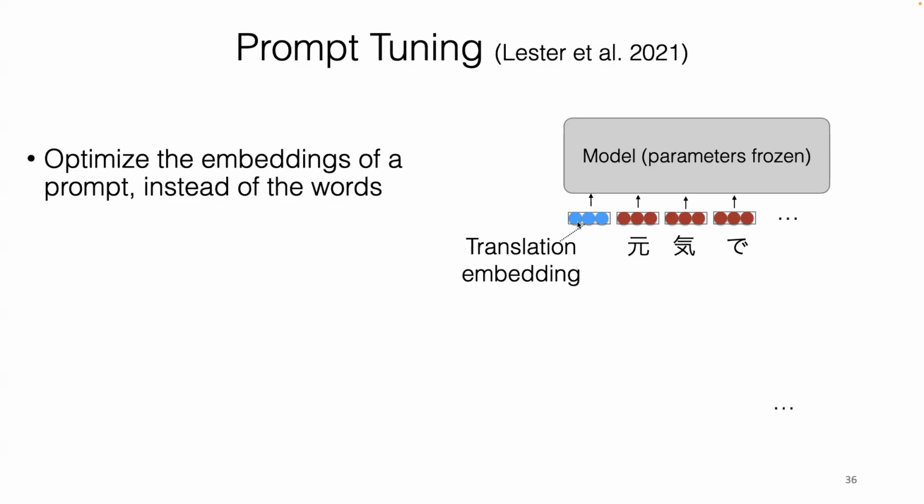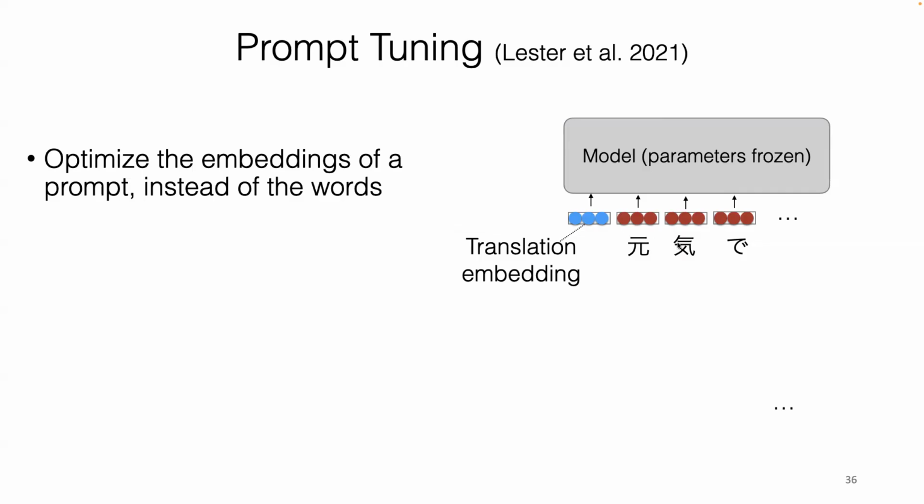And what you do is you introduce a token or an embedding that corresponds to the task. So you would insert this extra embedding prior to the input. Then you can train the model, but you keep its parameters frozen and you only update the embedding.